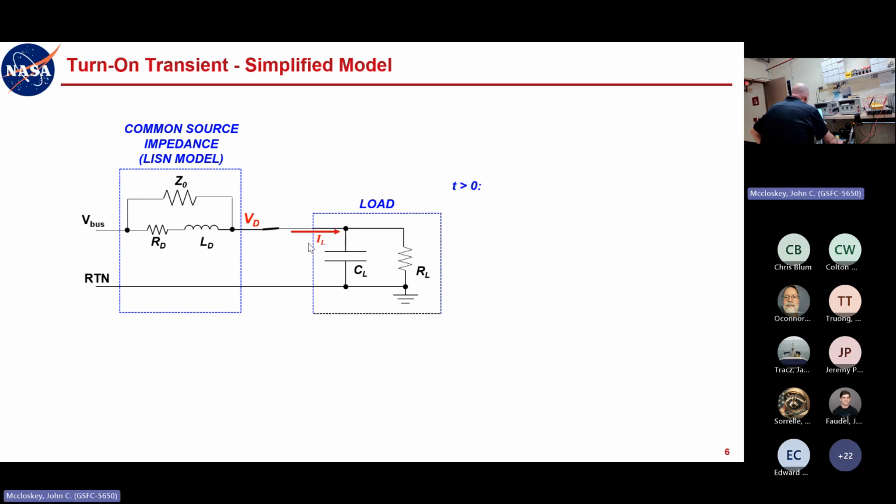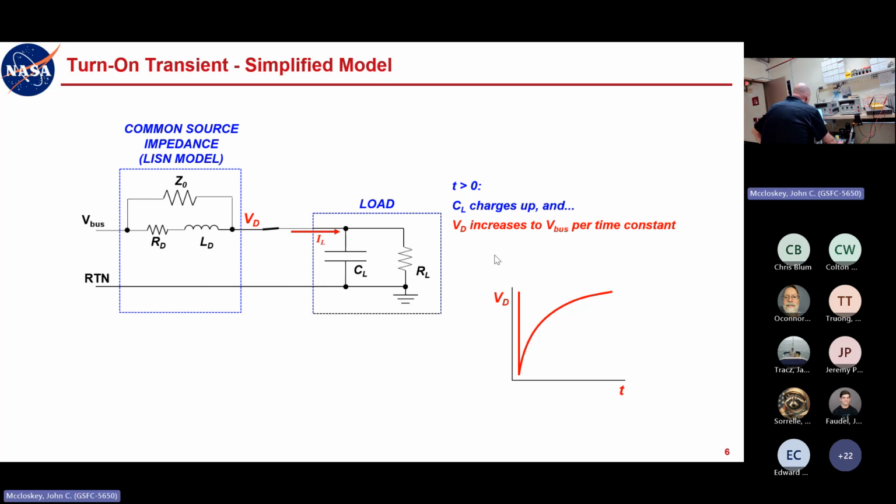for t greater than 0, now that the switch is closed, the capacitor is going to charge up, and your distribution potential, V sub D, will increase to the bus potential per the time constant. That's going to be approximately the square root of your LC time constant, the L sub D and the load capacitance, if the inductance dominates.